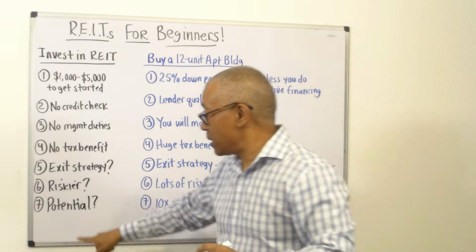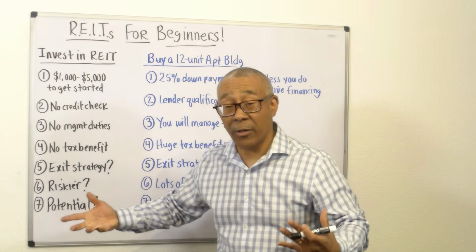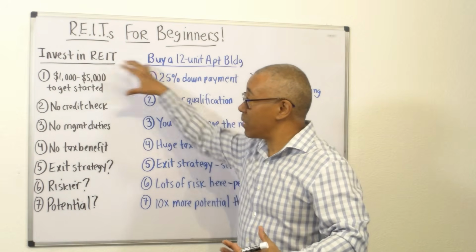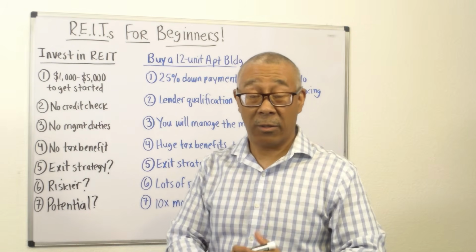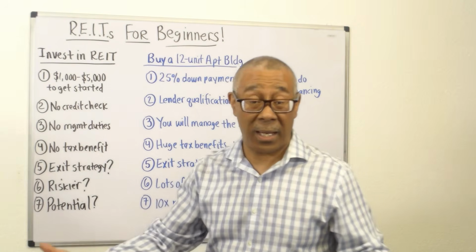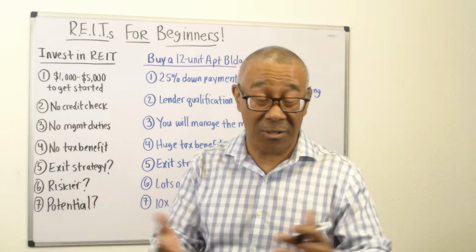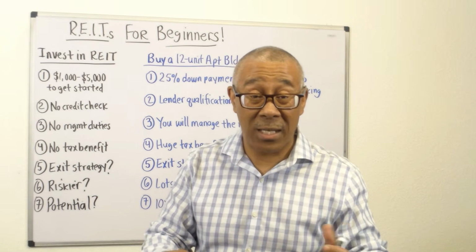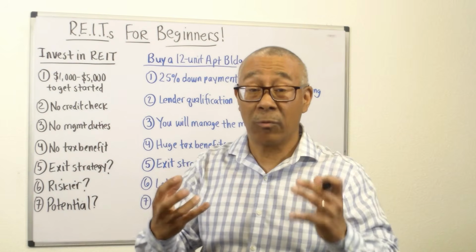But which has more potential? Which has more reward? It can be argued that the risk-reward favors the REIT side, because the risk is much lower. They can't come after you personally, but the potential is to get paid whatever the returns are, maybe 2% up to 8%, maybe 10% per year on a good REIT.